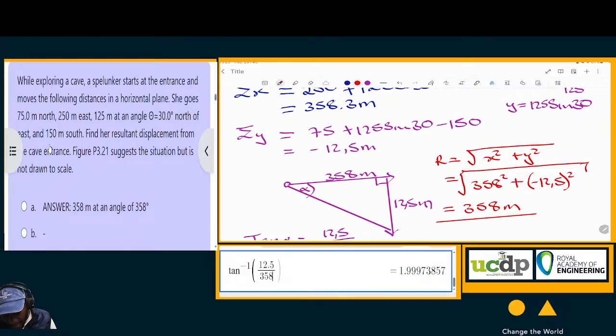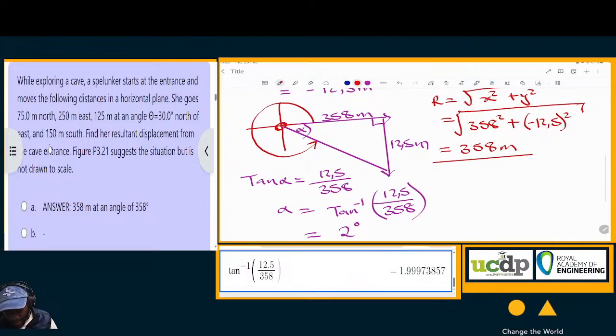Remember that when you're looking for the angle, you move from the positive x-axis. So our Cartesian plane was like this, and this was the origin. So which means your angle will then be in this direction. So this is the angle that we're looking for.